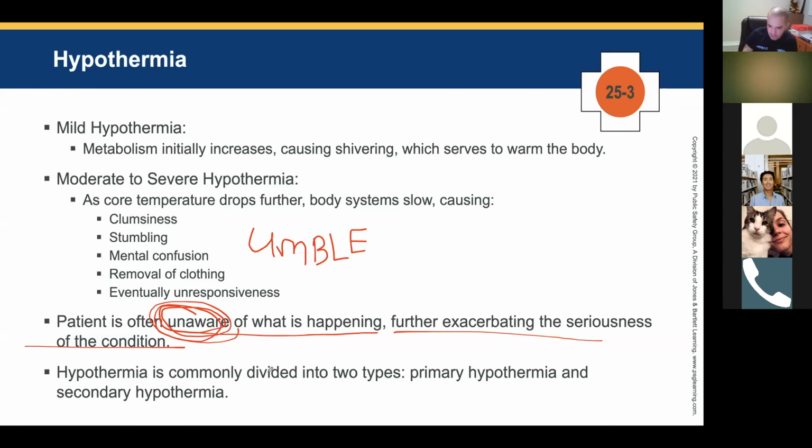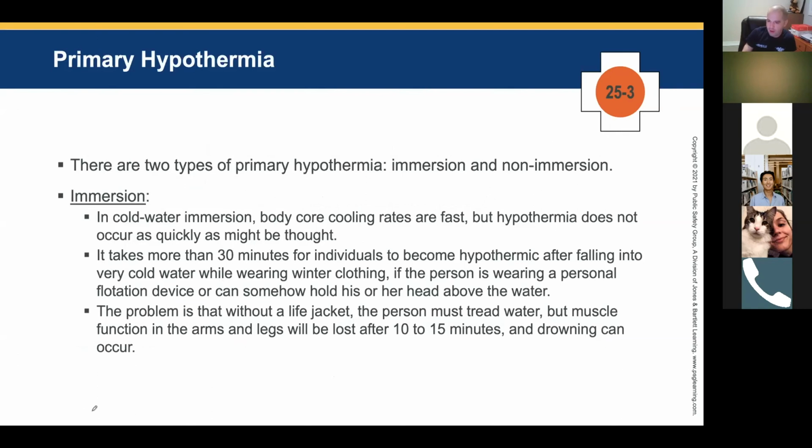So hypothermia can be divided into 2 types. One is primary, and the other is secondary hypothermia. With primary hypothermia, we have 2 types: immersion and non-immersion hypothermia. Immersion basically occurs when we're dunked into cold water, where the body core cooling rates are fast, but the hypothermia does not occur as quickly as thought.